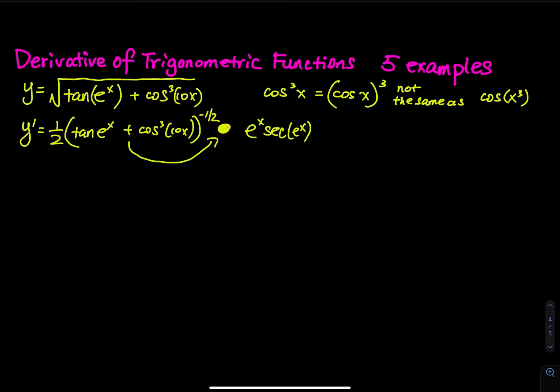All right, and then we add, we bring the third power down, and then we have cosine 10x raised to the second power, and then the derivative of cosine. Oh, by the way, I recommend you put the second power outside. Don't put the second power between the cosine and the 10x.